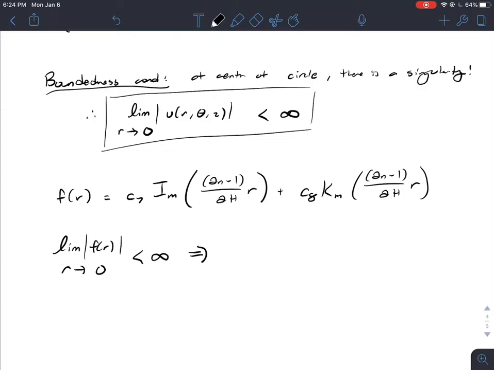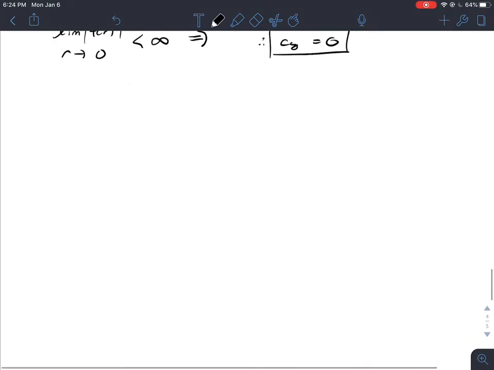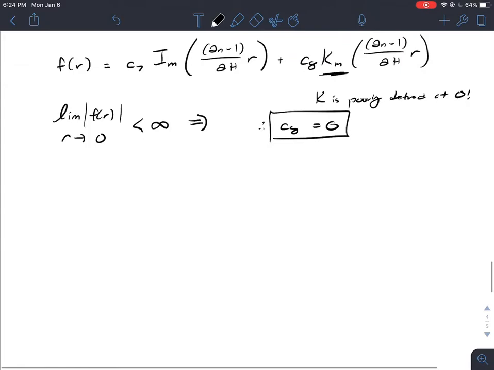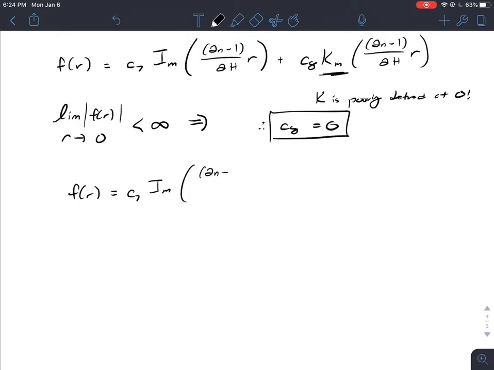But the issue is that, remember, in the graph of K it is poorly defined at 0. Therefore, C8 has to be forced to be equal to 0 to satisfy the boundary condition we gave above. So consequently, our function for f of r is going to look like C7 times I of m times 2n minus 1 over 2h times r.